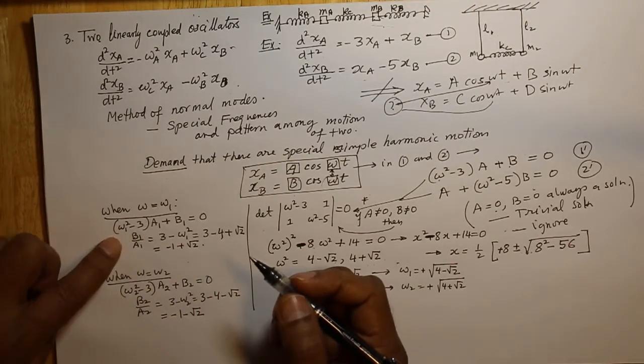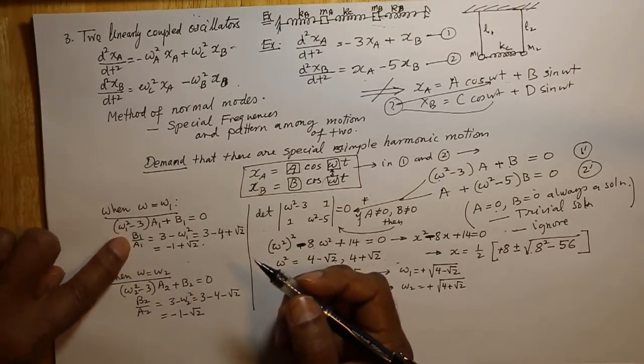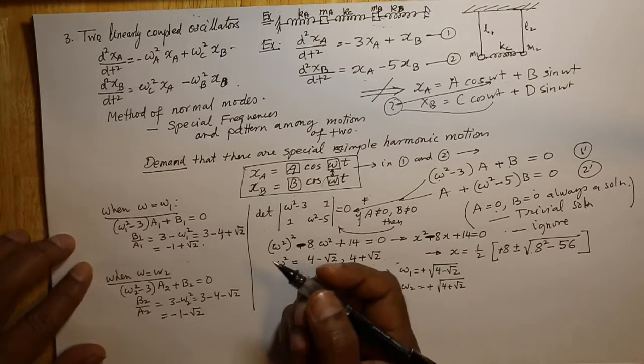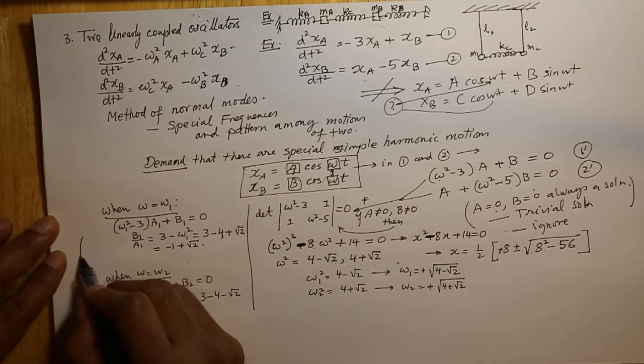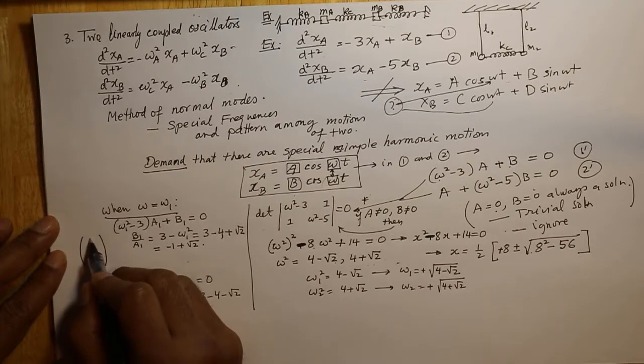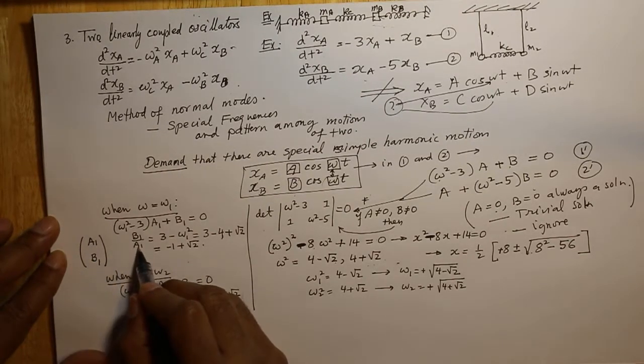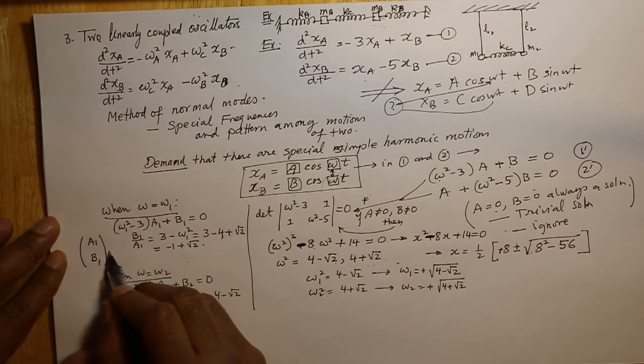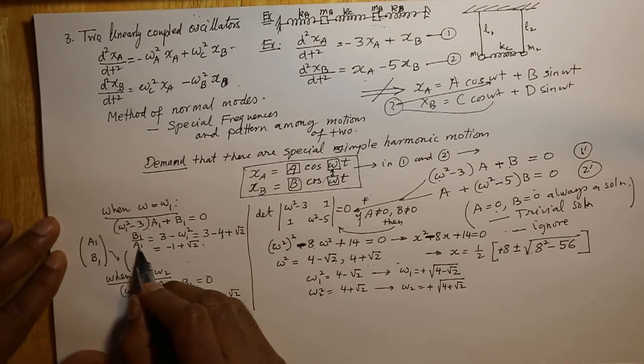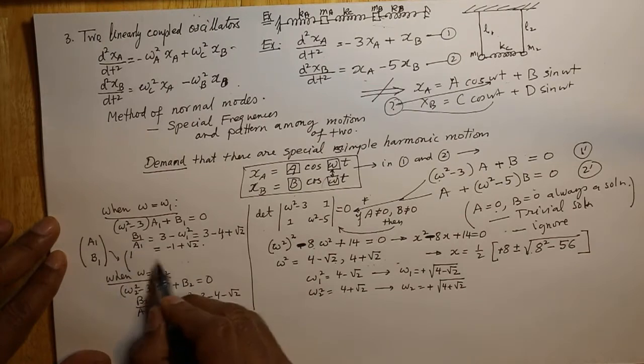These are called eigenvectors, but these are actually ratios that go into eigenvectors. Sometimes people write it like this, with A1 and B1 values. If A1 is 1, then B1 has to be minus 1 plus square root 2.